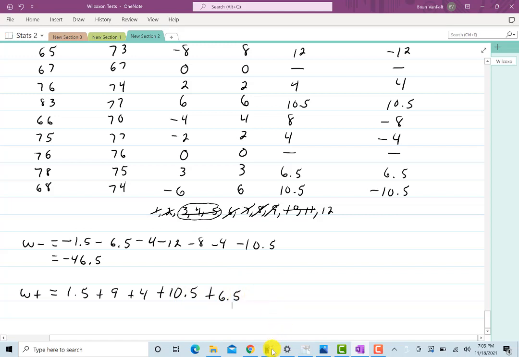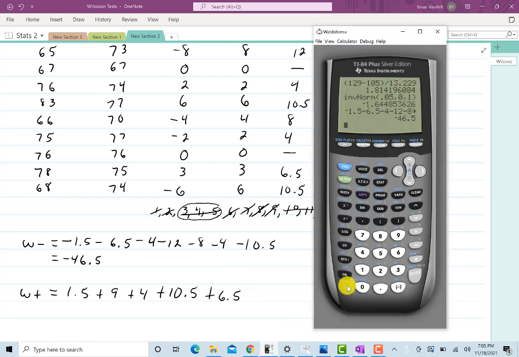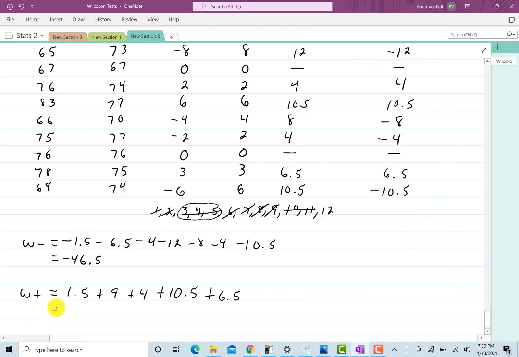And let me go and use my calculator for this. 1.5 plus 9 plus 4 plus 10.5 plus 6.5. And let's see what we get. 31.5.